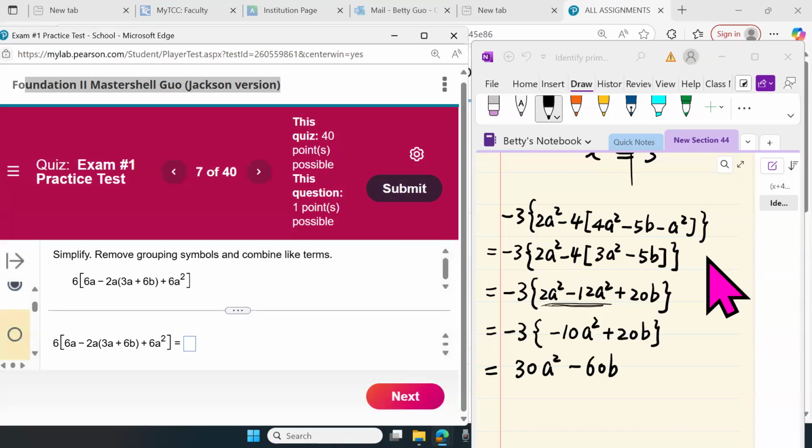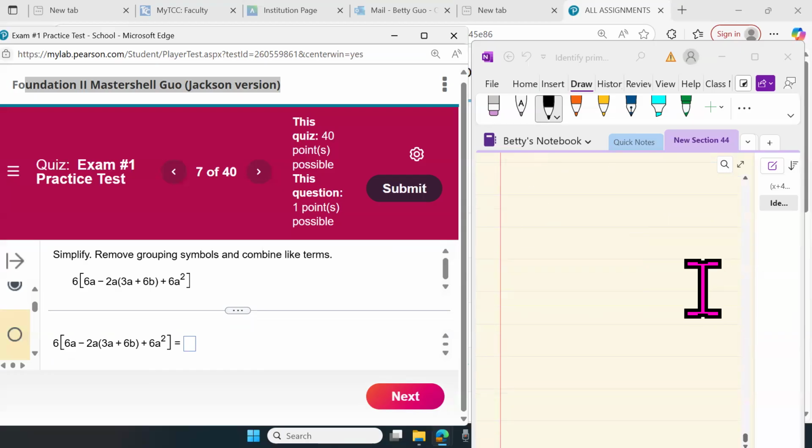This problem is similar to this one, right? It applies the distributive property, and it has parentheses and a set of brackets.